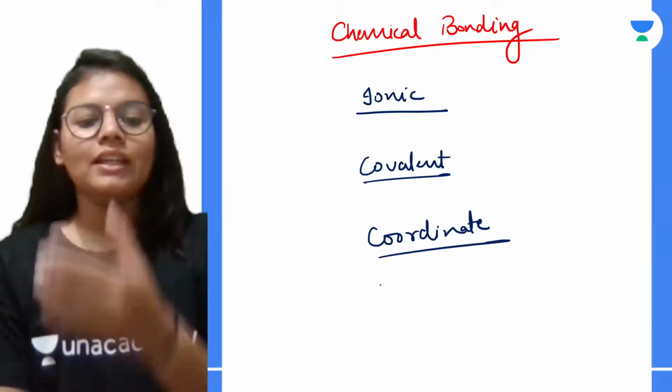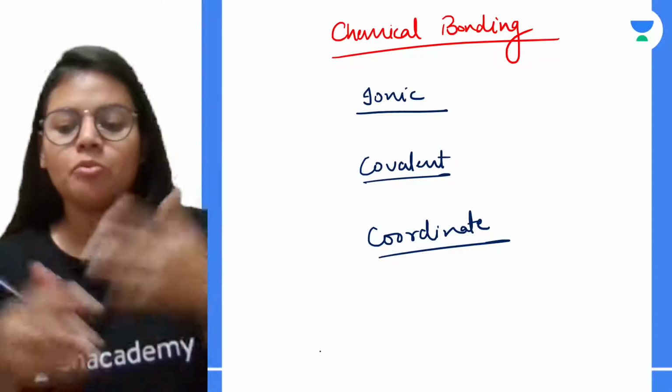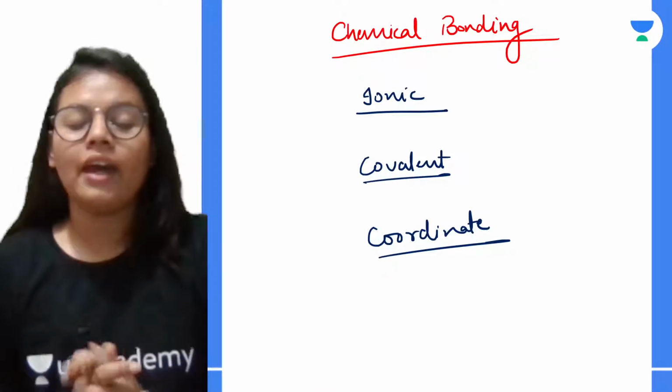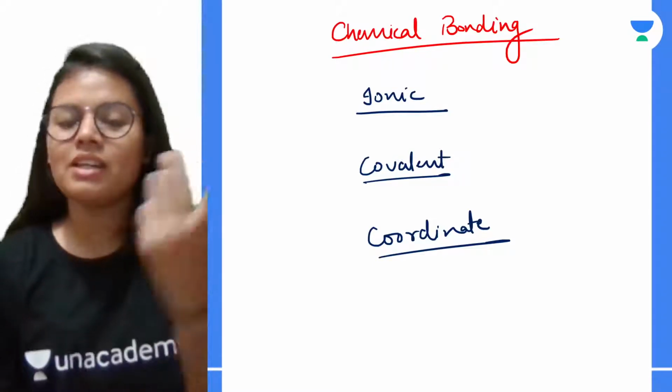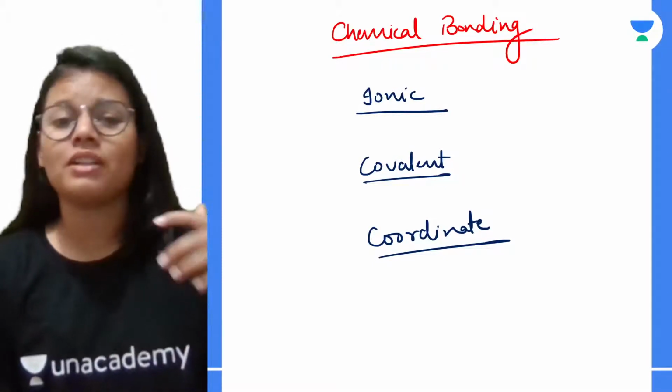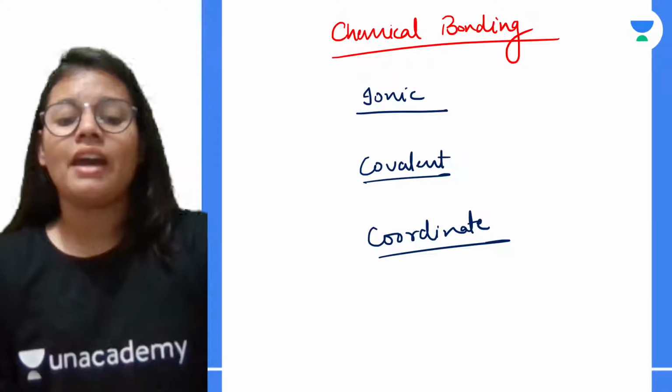The whole chapter is on these three types of bonding. This chapter gives detailed information about each type of bond, how they are formed, what the examples are, etc.